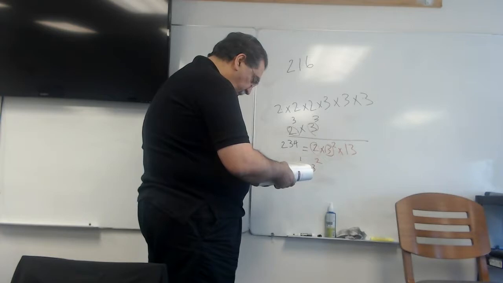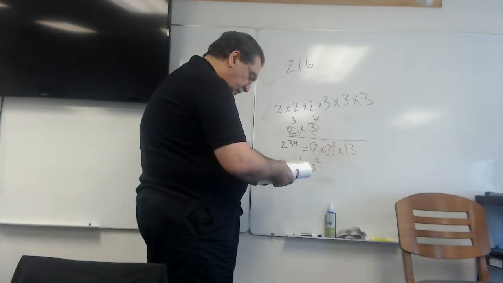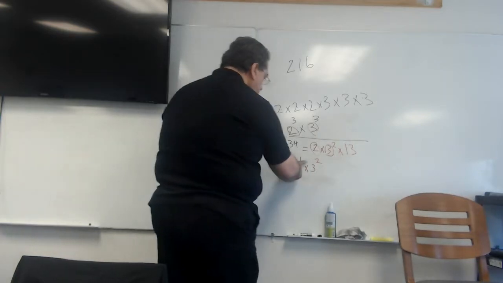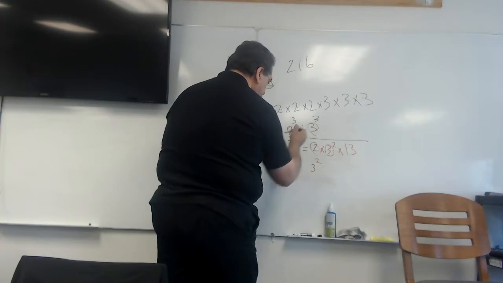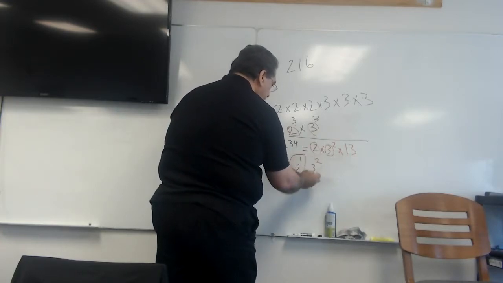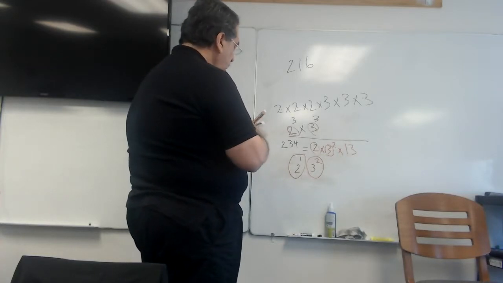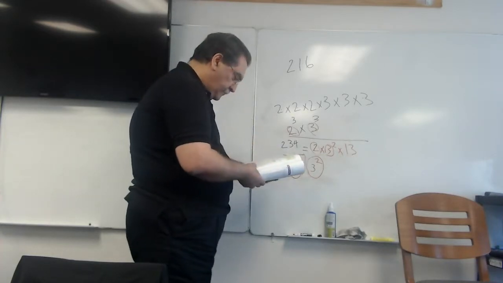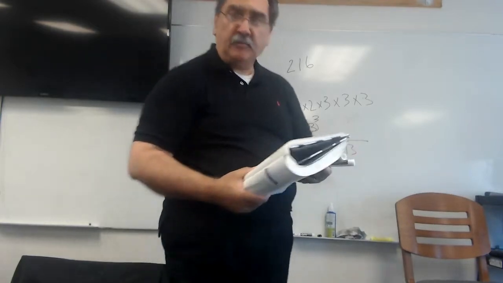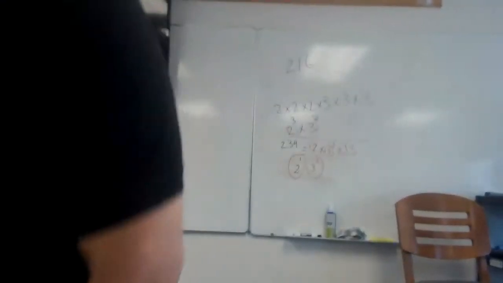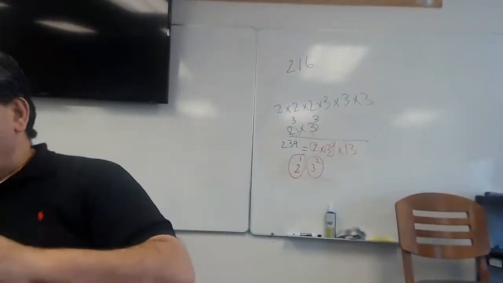So one factor for the GCD is 2 to power of 1, and the other one is 3 to power of 2. These are the smallest exponents that can be used for division of these two numbers. All right.